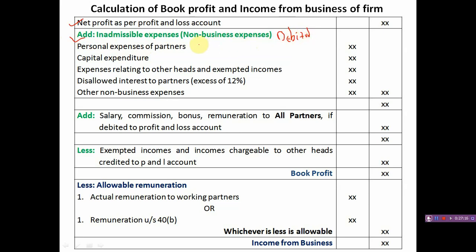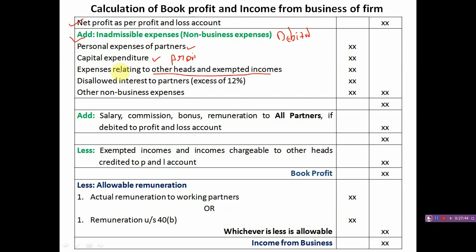Examples of expenses not relating to business are the personal expenses of partners, and capital expenditure which is not revenue in nature, and any provisions. Next, expenses relating to other heads or exempted income.